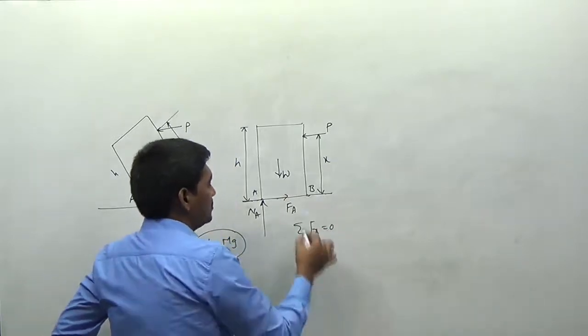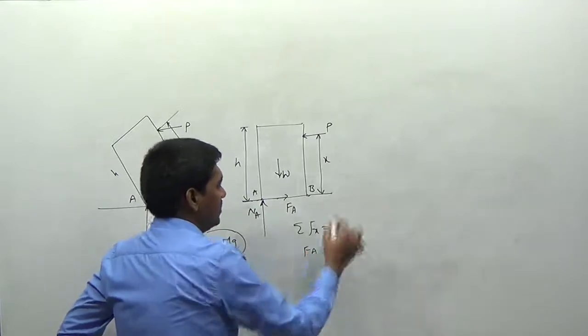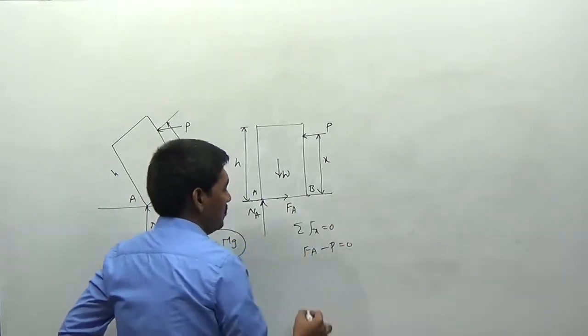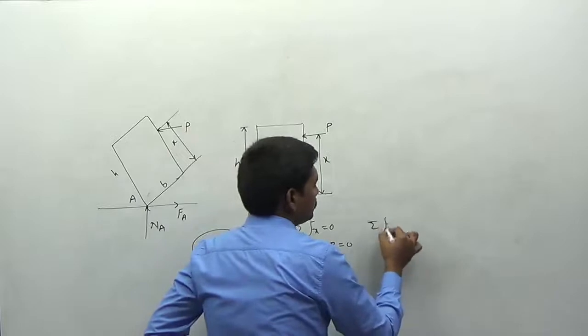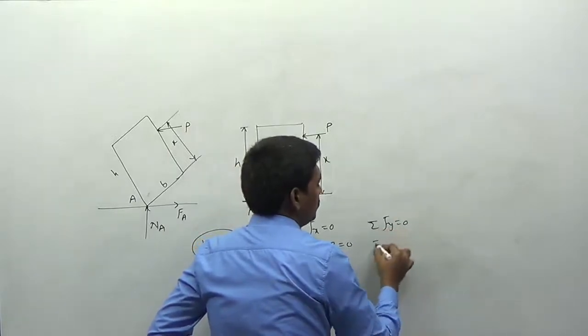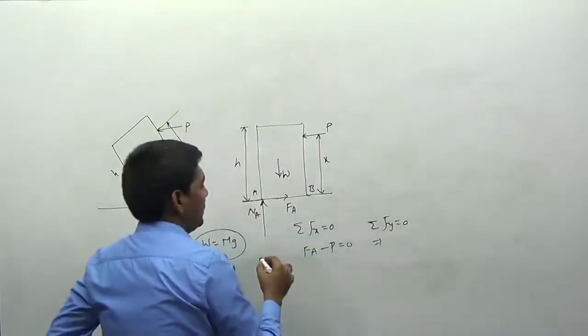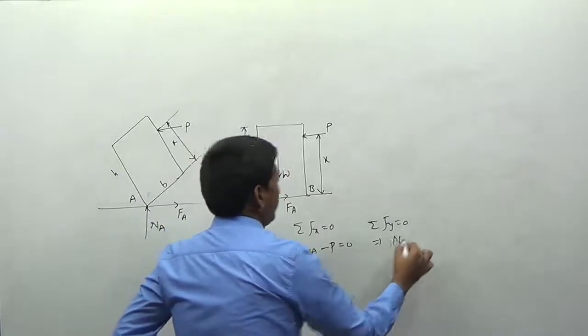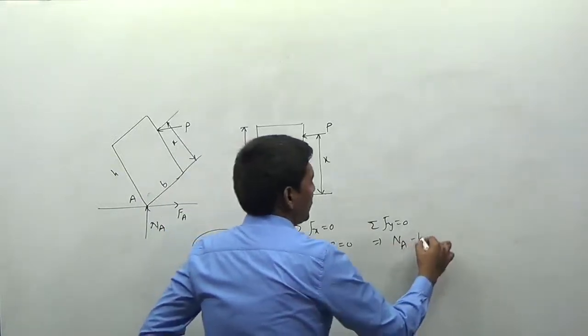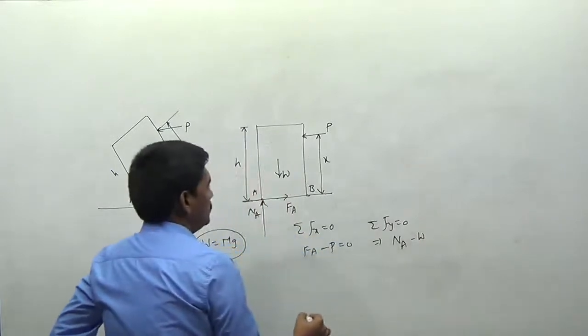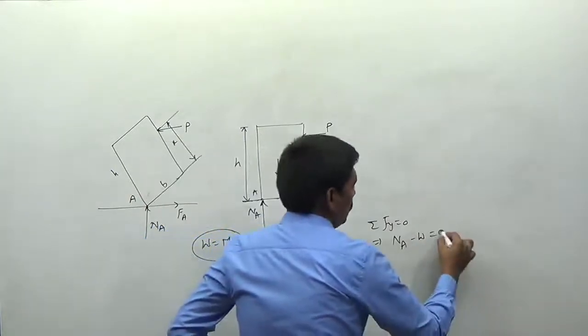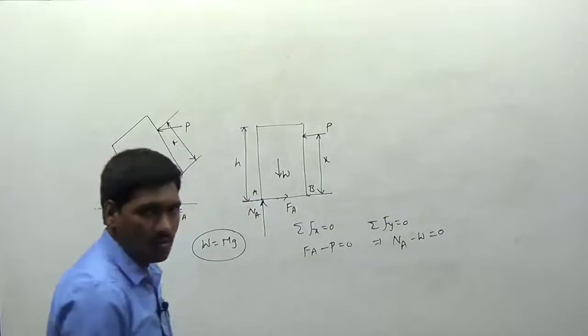FA is acting towards the right and P is acting, so this is equal to 0. I am writing sigma Fy equal to 0 here, the forces acting in the vertical direction. NA is acting in the vertical upward direction, weight is acting in the vertical downward direction, so we don't have any other force. This value is equal to 0 here.